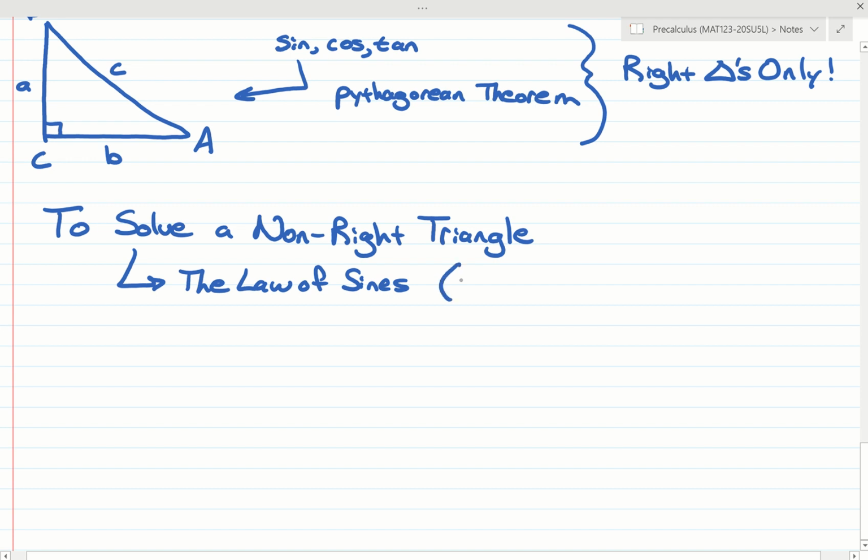If we have, let's say, an angle and a side, and also if we have maybe an angle, side, angle. Those are some cases where we could use the law of sines to solve them.